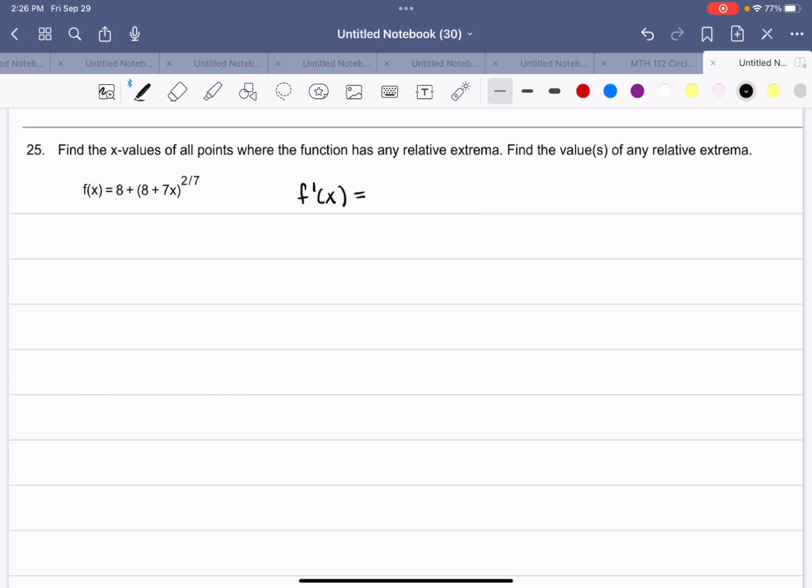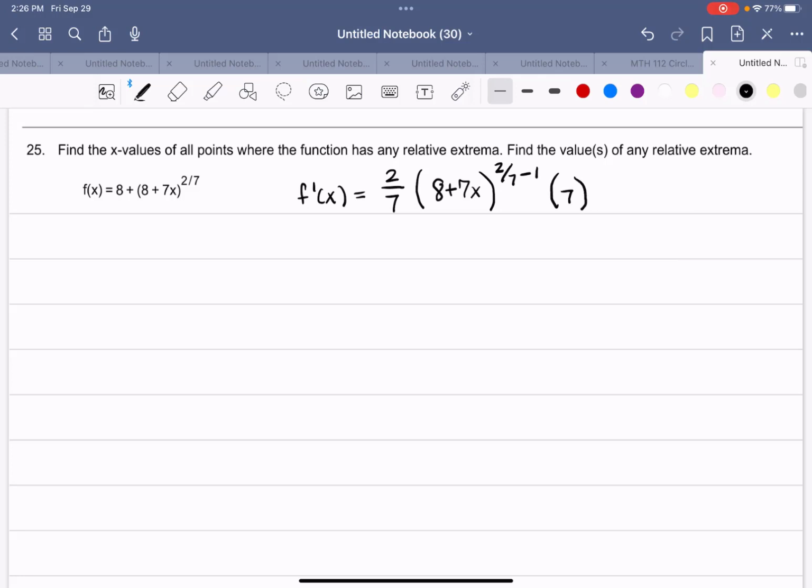So the derivative of 8 is 0, and we're going to have to apply the power rule to this second part. So it's going to be the power, 2/7, times the base, 8 plus 7x, to the power, minus 1, and then don't forget the chain rule.